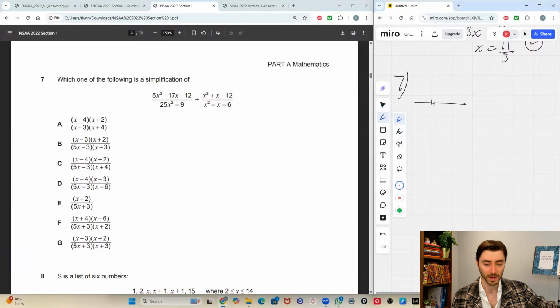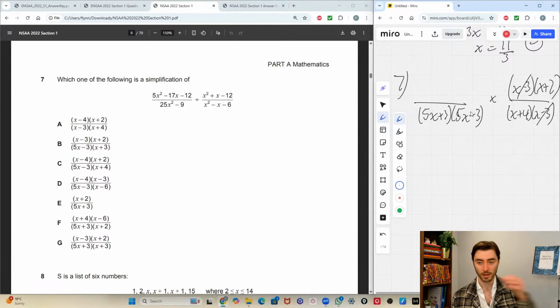First thing I'm going to do is actually factorize the bottom because I have a feeling something's going to cancel. So 5x plus 3, 5x minus 3. So times, I'm going to factorize the bottom one here into x minus 3, x plus 2. This becomes x plus 4, x minus 3, which will immediately cancel down. Nothing cancels there, so I expect there to be a 5x situation here and an x.